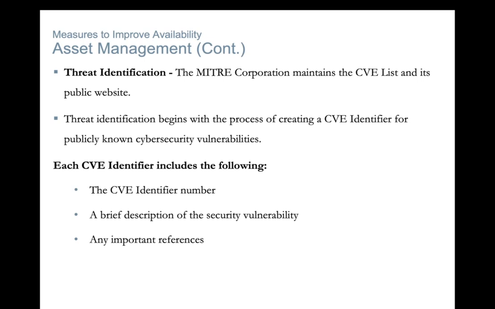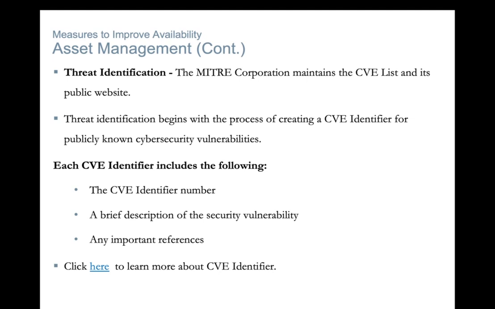Different ports are there, like port number 21, 22, 23, 25, port number 443, and so on, and any important references. To get more information about a vulnerability identifier in the common vulnerabilities and exposures, you can click here and get all the related vulnerabilities and their service impacts.